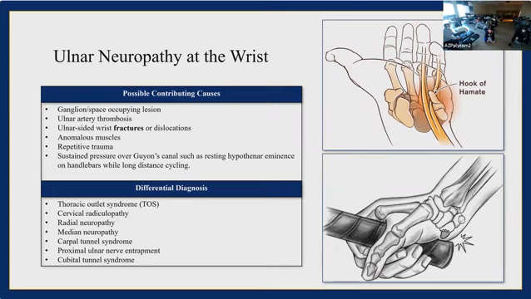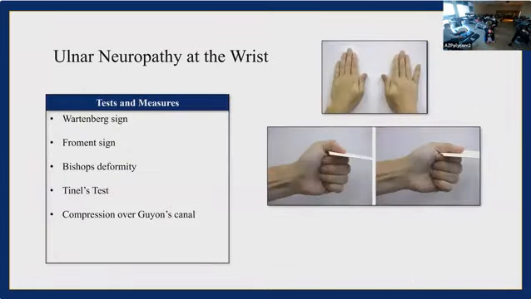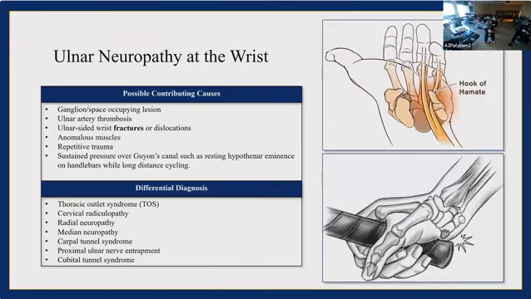You can have ulnar artery thrombosis, which gives you these symptoms, and sustained pressure. Differential includes thoracic outlet, cervical radiculopathy, neuropathy of the median radial nerve, carpal tunnel, and the list goes on, cubital tunnel syndrome as well. Picture top right, you can see the hook of hamate, how it dives underneath. If that fractures, you can see how that might collapse in and compress on the ulnar nerve.